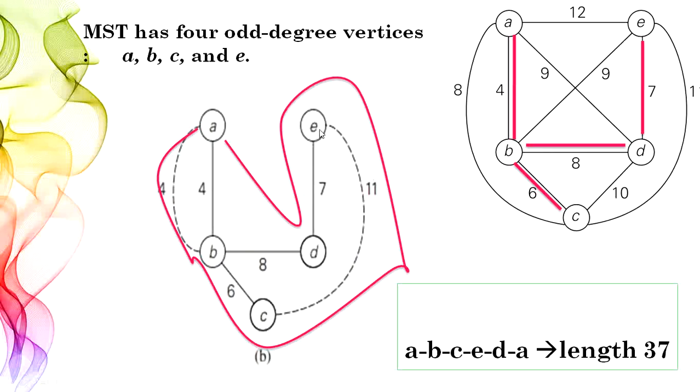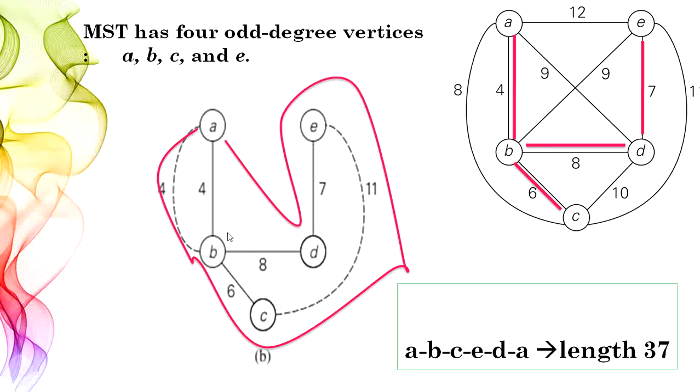From E, I have selected this line, that is E to D, the minimum, 7. And from D to A, what is the step I need to take? From D to A: D to B and B to A. Totally I am having the weight of 12. Instead of taking this route, I can directly go to A with 9.